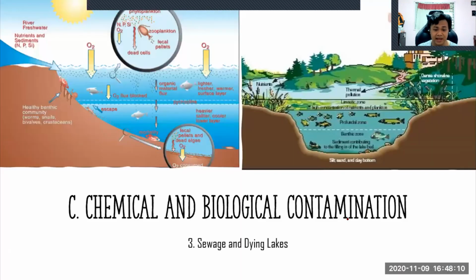All right. Then sewage and dying lakes. So you have performed this experiment in your chem lab, the determination of your DO or dissolved oxygen. So what happens here as your factory disposes its waste in the bodies of water.